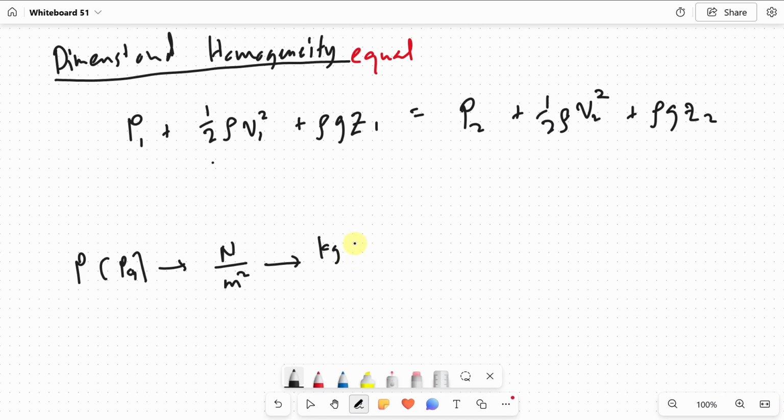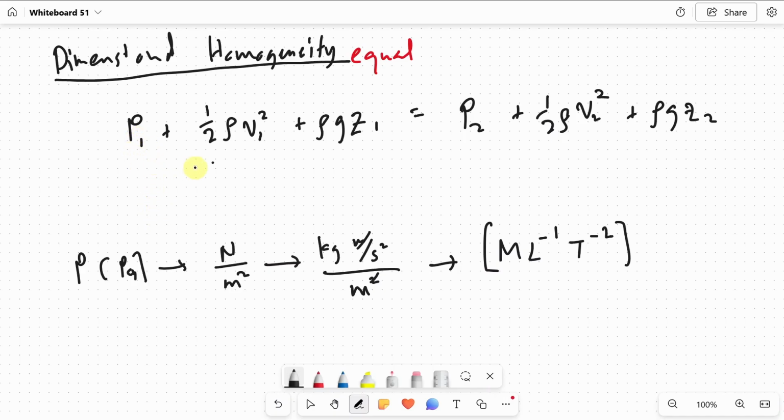Acceleration is meter per second square, over meter square. So basically, the dimension for pressure is mass over length and time squared. Okay, so this is the dimension of pressure.